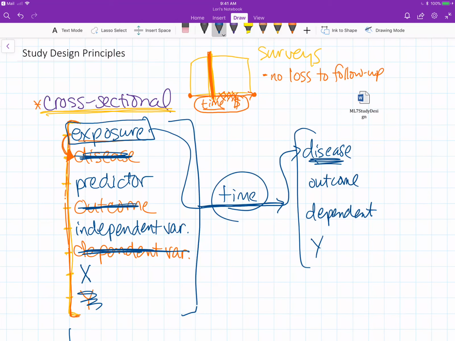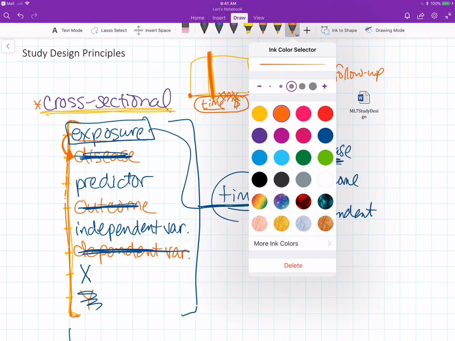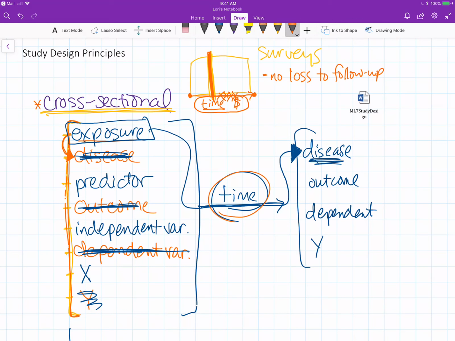So that is the general idea, is that we need to have enough time gone by in order to be able to say that that exposure is causal of that disease or outcome. Clearly, if we collect that information at exactly the same time, it gets trickier and trickier to talk about causation.